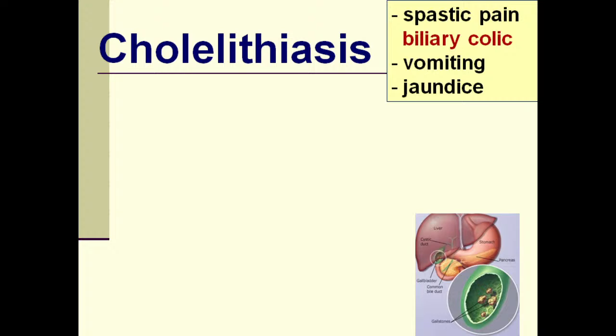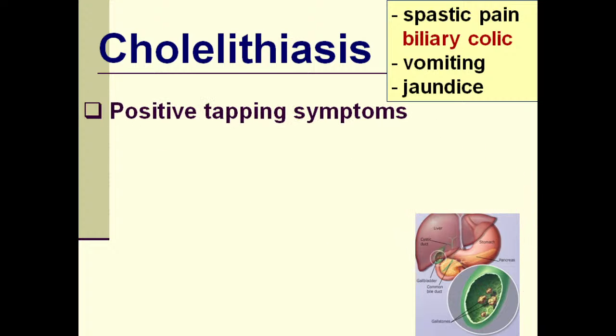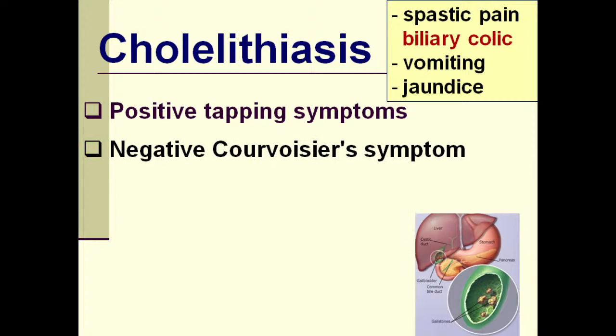It is accompanied by refractory vomiting, sometimes jaundice. Casually, during full examination of the patient, we can reveal positive tapping symptoms before clinical manifestation, because when we tap on the gallbladder, it moves the stone, and the patient feels some discomfort.